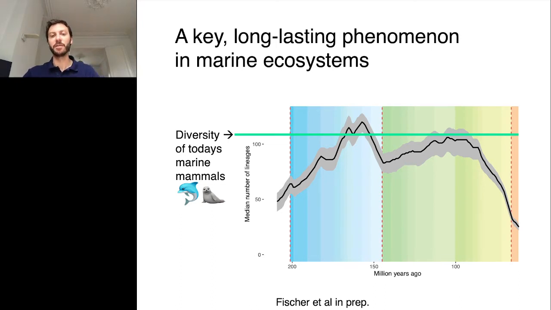So it's really important, and expected to have a strong effect on ecosystems. I'm putting all these slides to say it's important to study these predators because it's going to give us nice insight into the evolution of marine ecosystems.